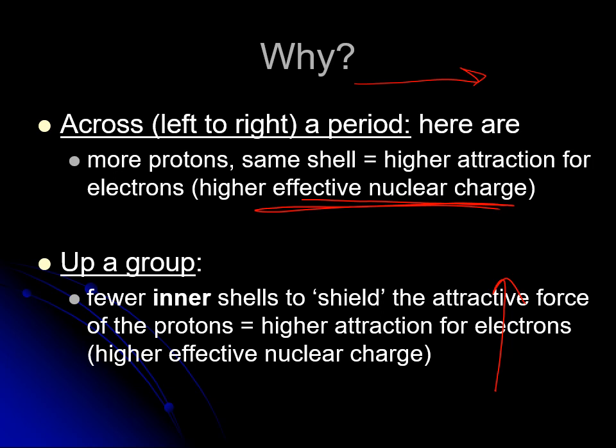You're going to have more attraction for those outer electrons to the nucleus, and therefore you're going to have a stronger attraction as well. And again, higher effective nuclear charge that also will attract the electrons in other atoms as well, therefore increasing the electronegativity as well.